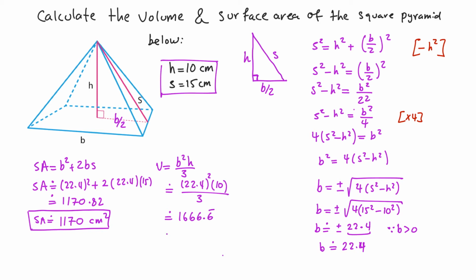And since it's an estimation, I want to leave my answer in 3 significant figures. My first significant figure is a 1, second one is a 6, third one is a 6, and fourth one is 6, which is higher than 5 or larger. So I will have to go back and round this value up. So I get 1, 6, and instead of the 6, it's rounded up to a 7, 0. So it's 1670 centimeters cubed is my volume.